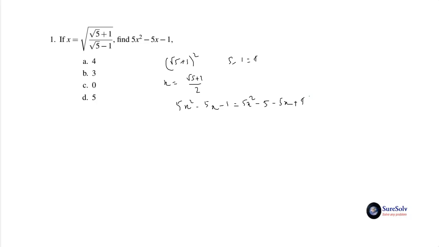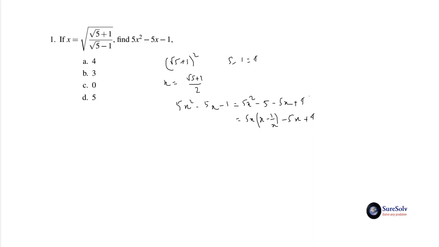So the first two terms can be combined to a subtracting sum of inverses by taking 5 as common. 5 times x minus 1 by x, minus 5x plus 4.